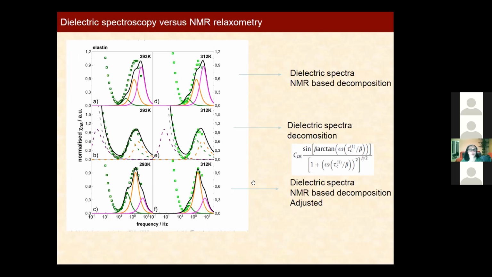You remember, we have those 3 processes, fast, intermediate, and slow, which we used to decompose the relaxation dispersion data for protons. So I can use the correlation times, and I can keep the proportion of those contributions according to the proportions of the dipolar relaxation constant.